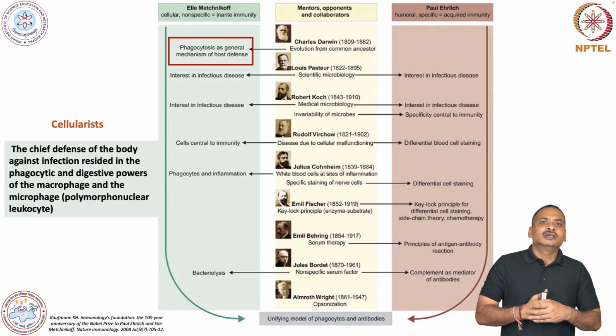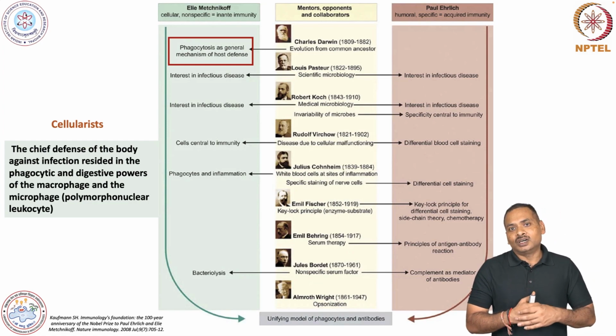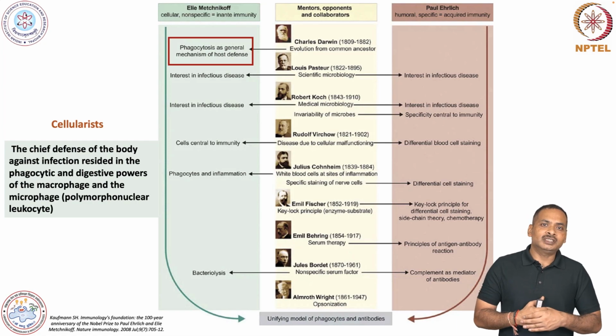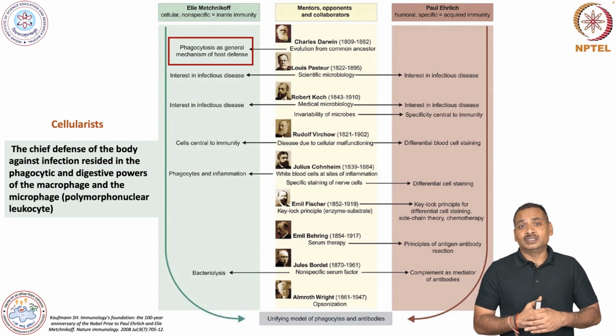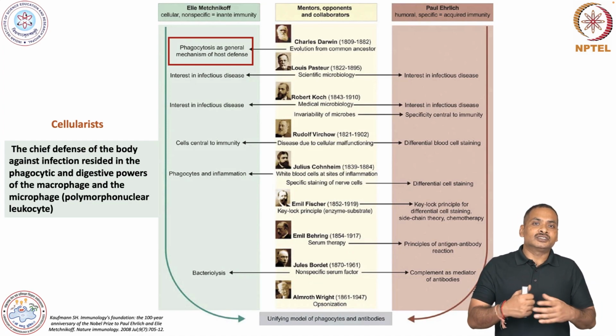He also said that there are macrophages, and polymorphonuclear leukocytes. These are types of blood cells which I will discuss at great length when I take up the cells of immunity.